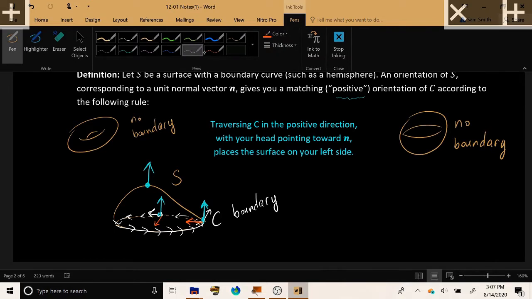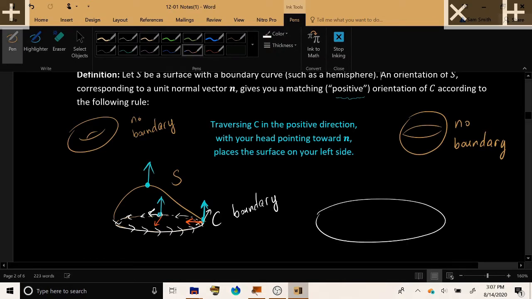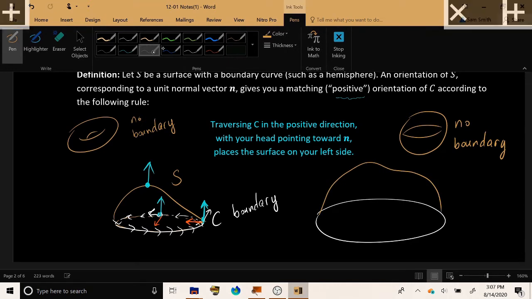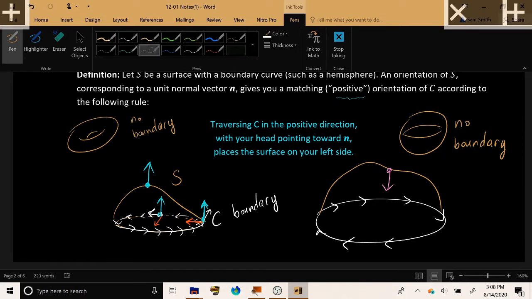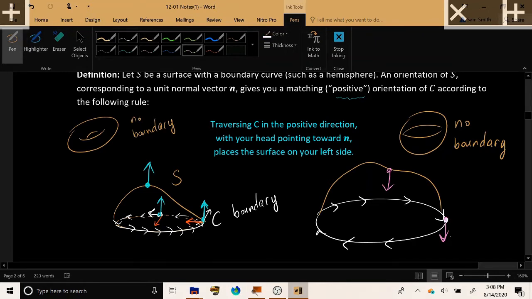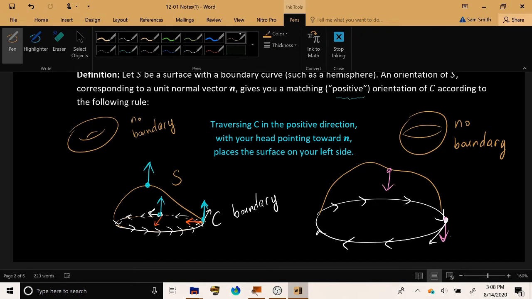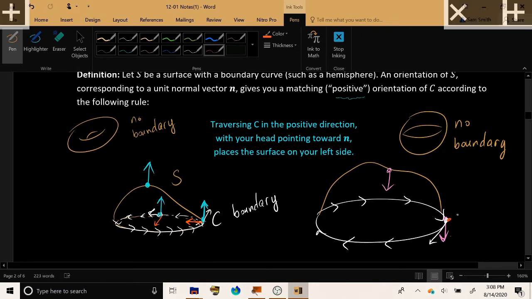Whereas, if you change the orientation of your surface and you flip it upside down, it will cause the orientation of the boundary to flip as well. So that in this case, as you walk forward with your head pointing in the direction of the normal vector, then the surface will be on your left side.